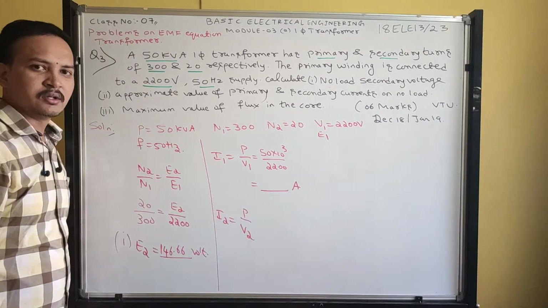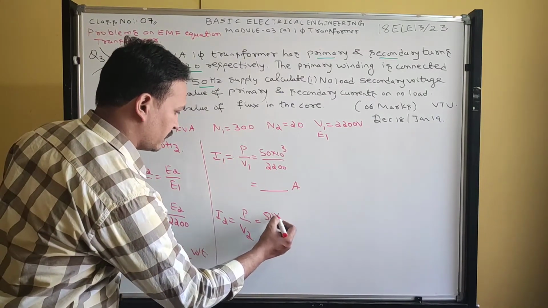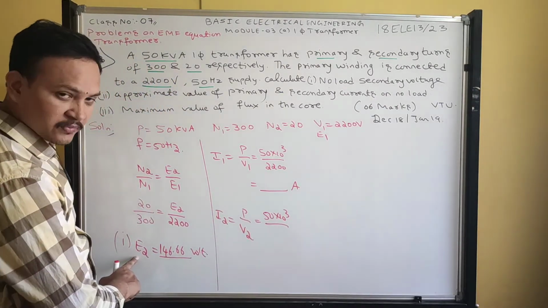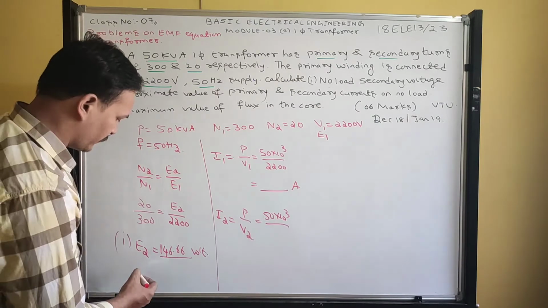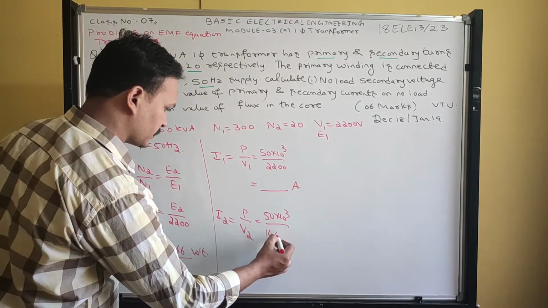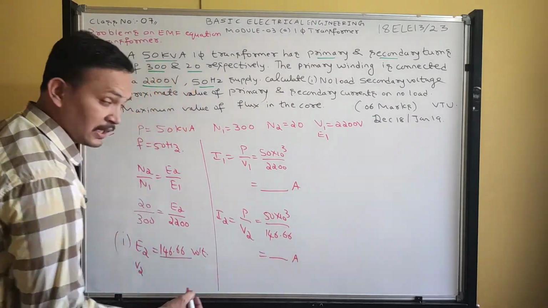I won't write it here, you calculate and write it. Similarly, 50 kVA divided by the secondary voltage. Secondary voltage is E2 itself, V2. E2 and V2 are both the same. 146.66. You will get some amount of current.